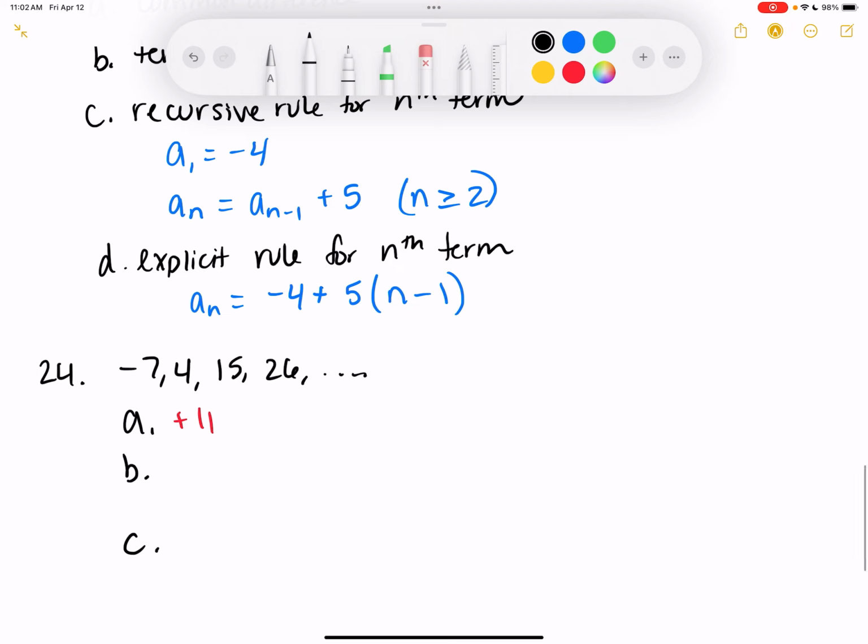So C, the recursive rule for the nth term. a sub 1 is equal to -7, and a sub n is equal to what? a sub n minus 1 plus 11. Yep. And we'll want to make sure we put that n greater than or equal to 2 on there as well.